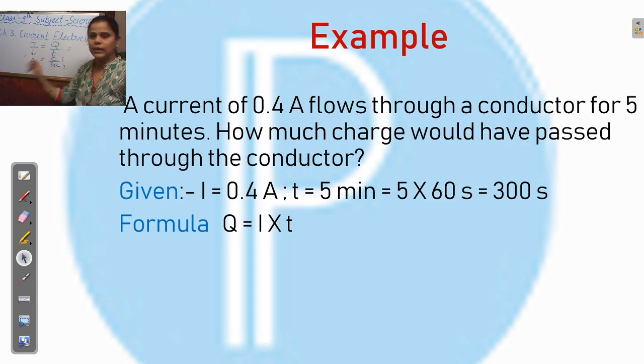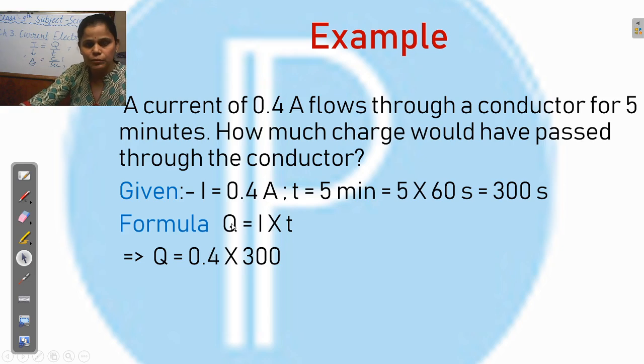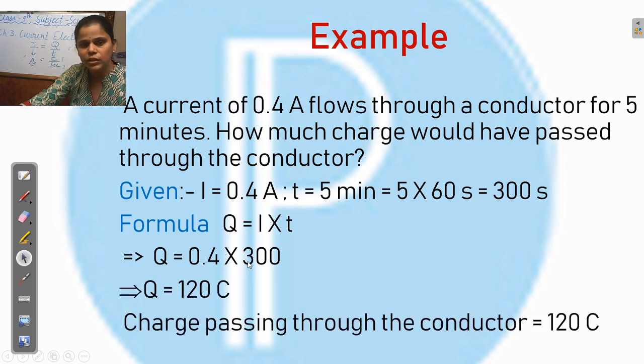Put in the values: Q equals 0.4 into 300, which is 120 C, 120 coulomb. So the charge passing through the conductor is 120 coulomb.